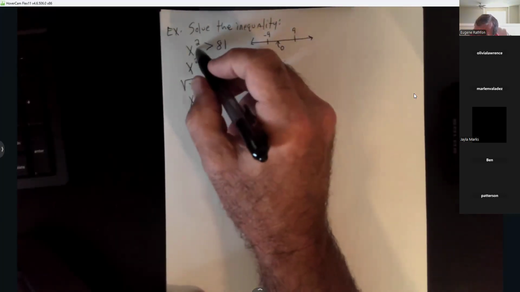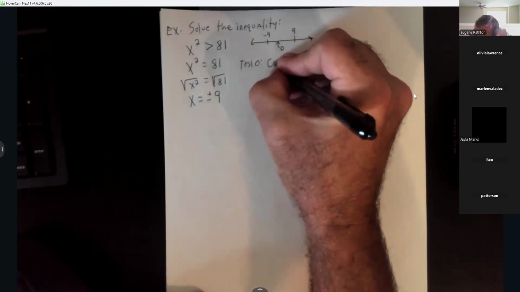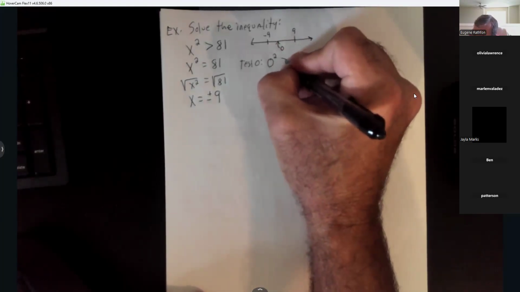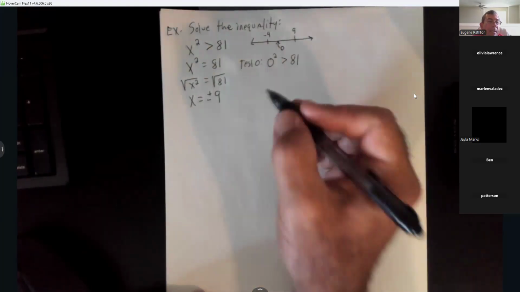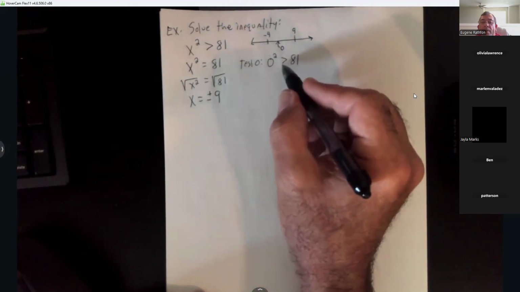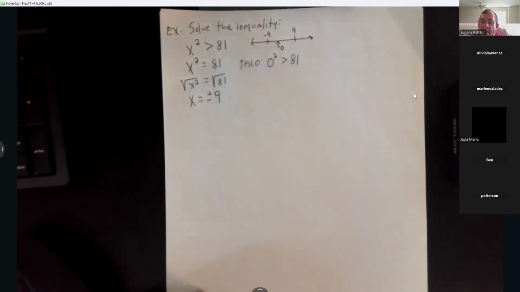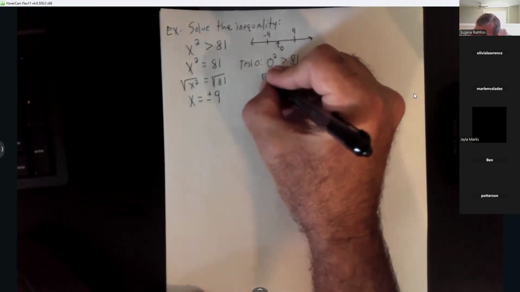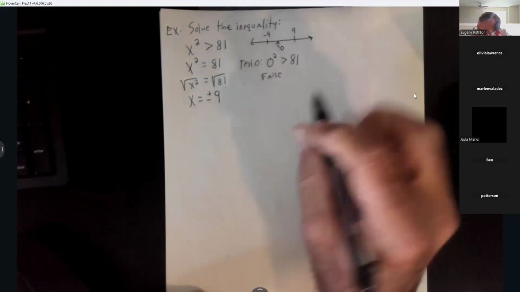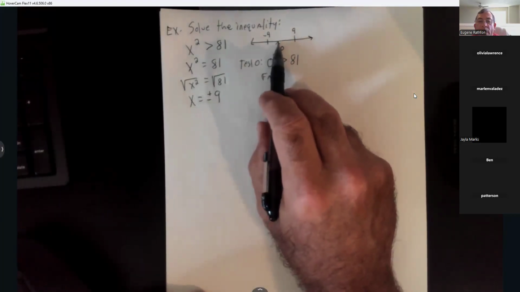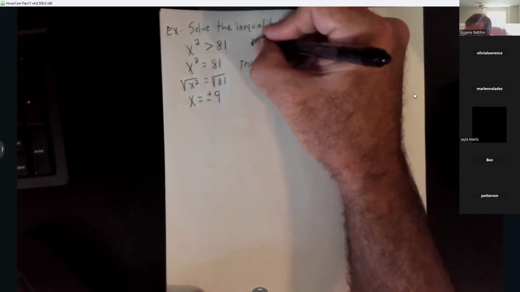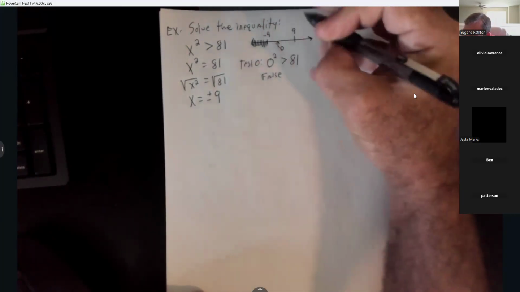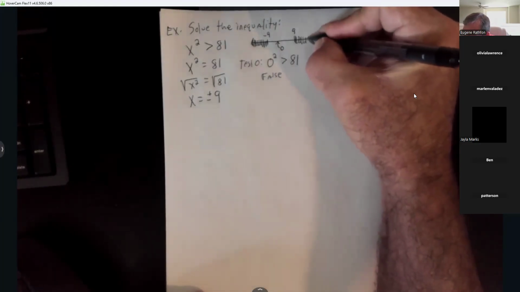So 0 squared has to be greater than 81. Well, 0 squared is 0, so 0 greater than 81 is false. Since that's false for 0 in the middle, I do not shade the middle. I come out and I shade the ends.